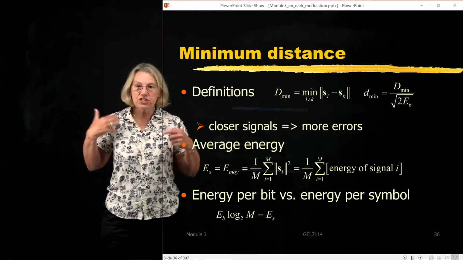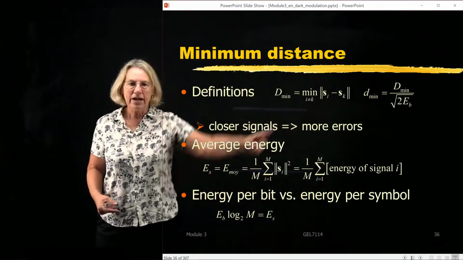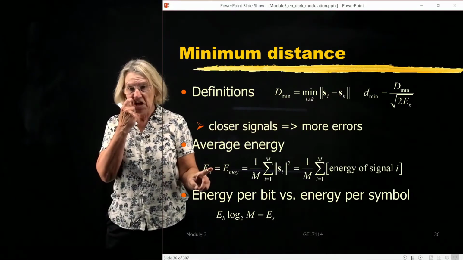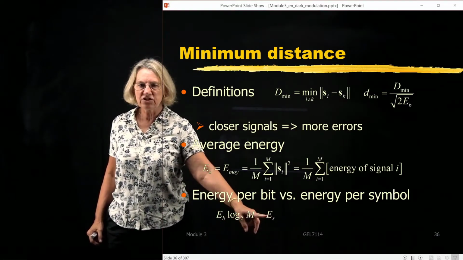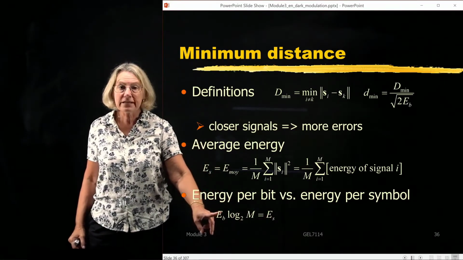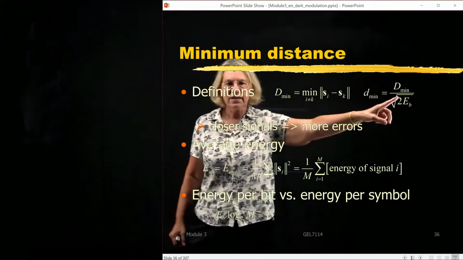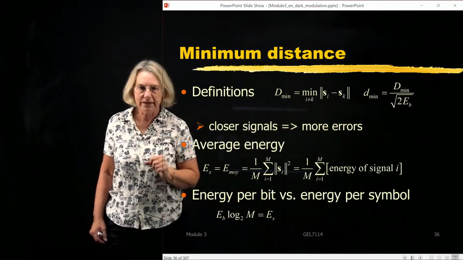If I want to get energy per bit, if I want to use this normalization, I could either leave capital D min in terms of the average energy per symbol, or if I use this relationship that will let me go from average energy per symbol to average energy per bit, I could leave this in terms of average energy per bit, or after I put this in energy per bit, I could normalize it to get the smaller d min.